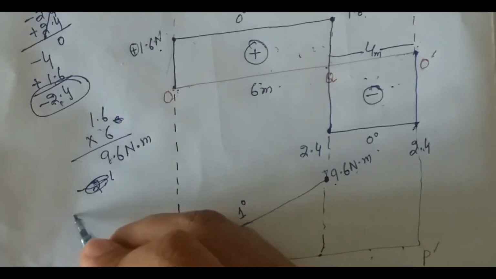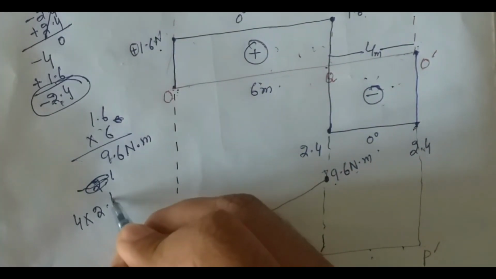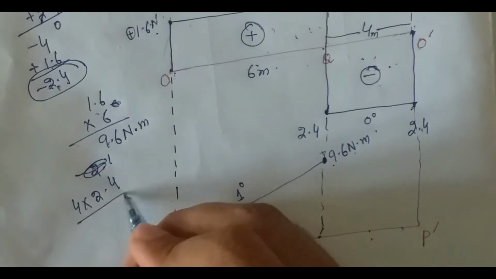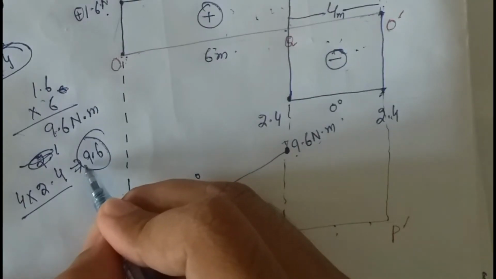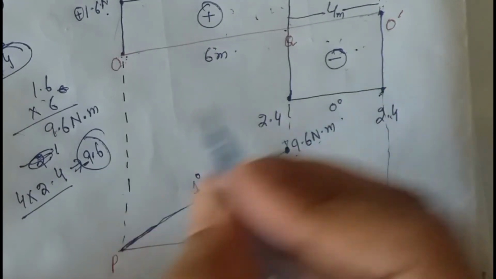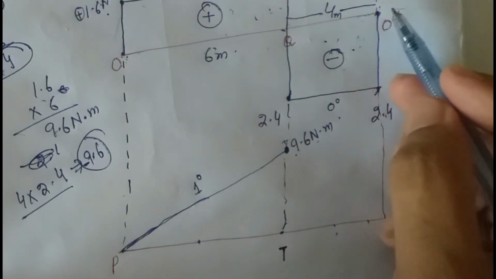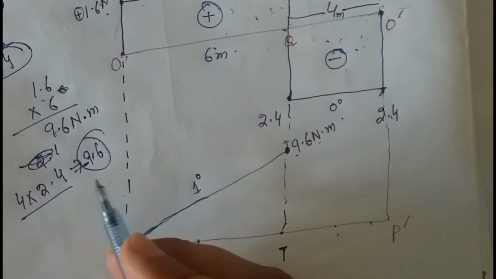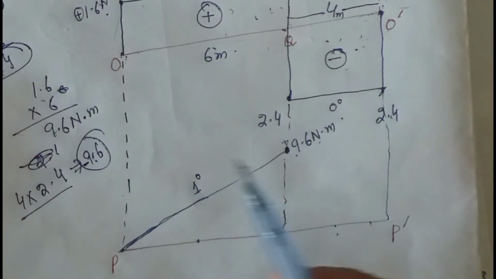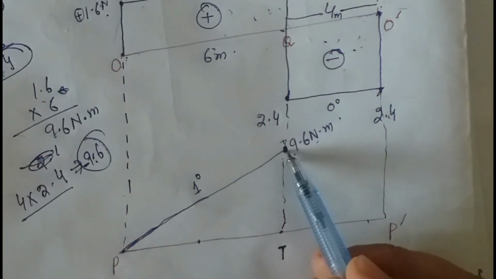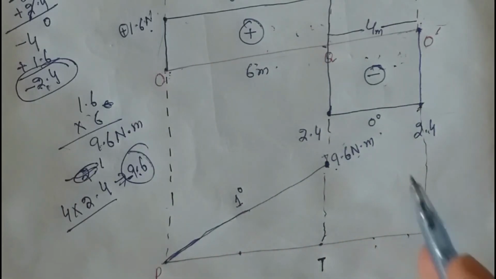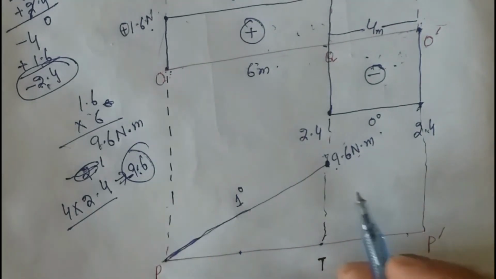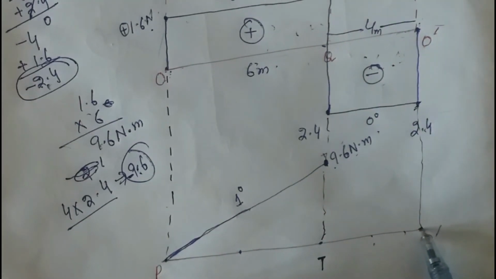So 4 multiplied by 2.4 gives 9.6, but I will put a negative sign here because this rectangle lies below the reference line. By adding this value with the positive value, we will get 0. Both values are the same in magnitude, but their signs are different. So that's why the result is 0, and the 0 is located here.